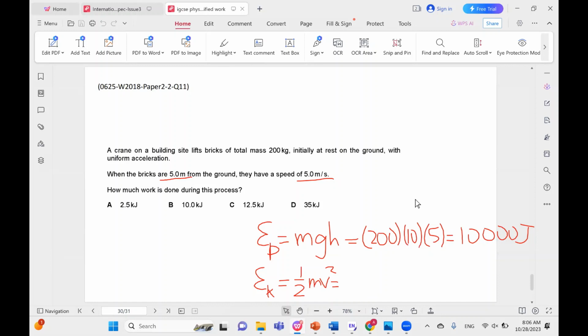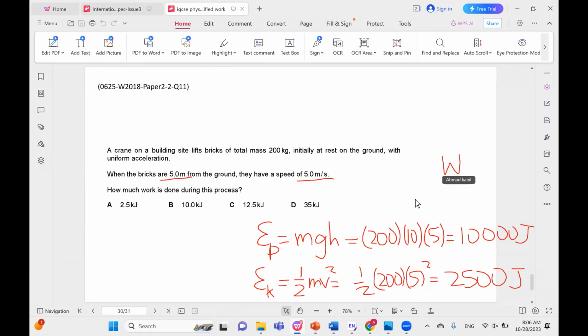And this is equal to half times 200 times 5 squared. You can use your calculator for this. This will be half times 200 is 100 times 25, 2,500 joules.